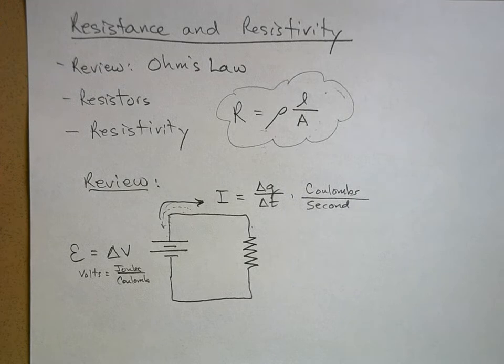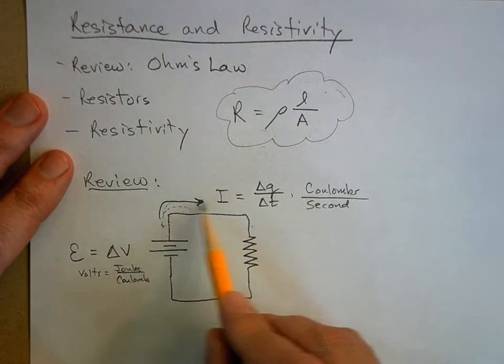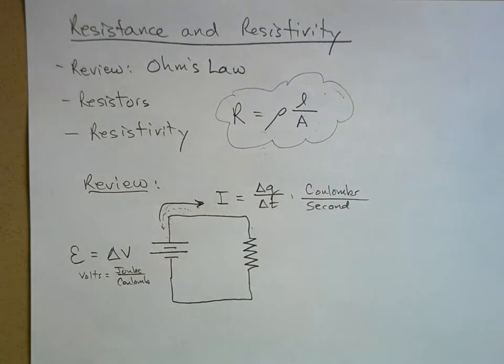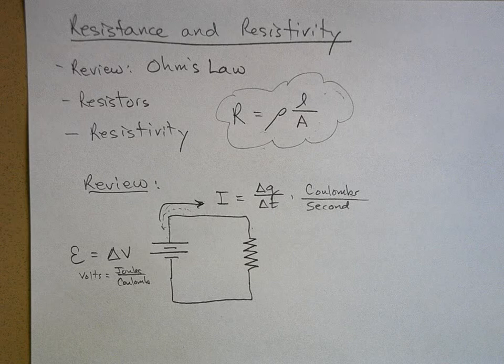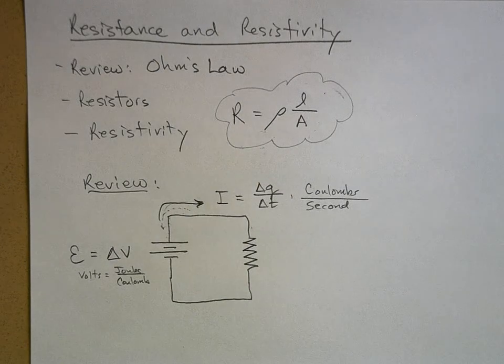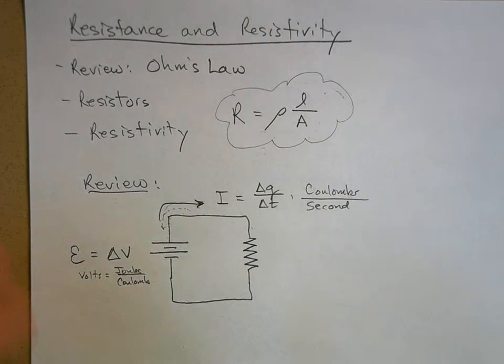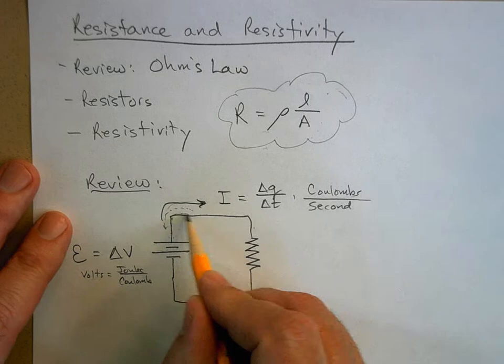So if we say the current is flowing this way, well, the electrons are actually flowing the other way. But it turns out happily that all the mathematics and the equations and our analysis of circuits works just fine if we pretend that what's actually happening in a circuit is that positive charge carriers are moving through the wire.